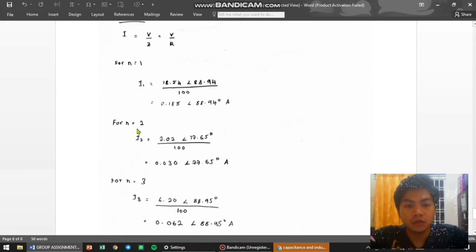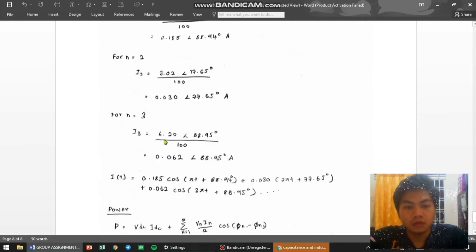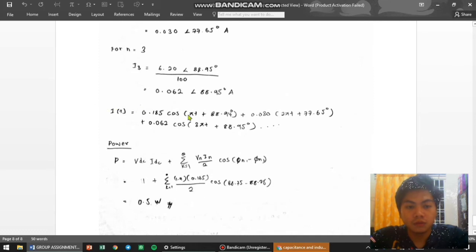Same goes for the N2 and N3. We use each of the voltage outputs that they gain, voltage output for N2, and for N3 we use the voltage output for N3. So after we calculated all the current output, we can conclude all the calculation in one form. So this is the form that we get from the calculation.